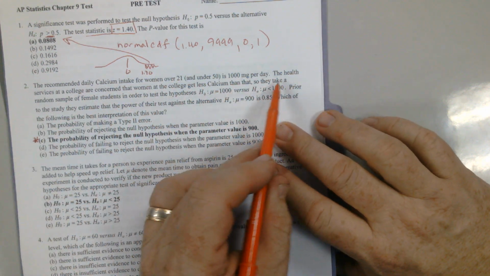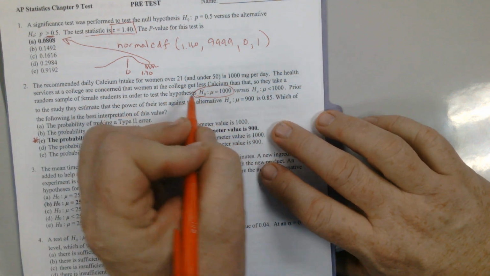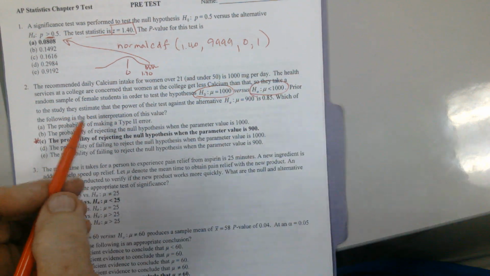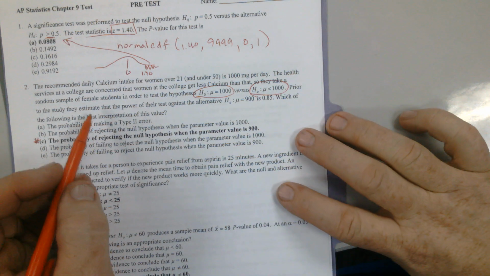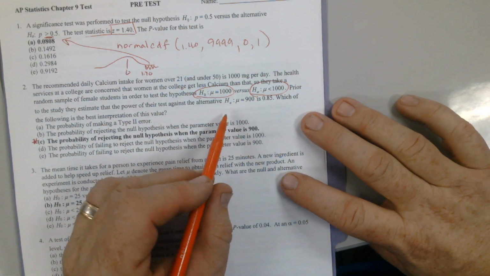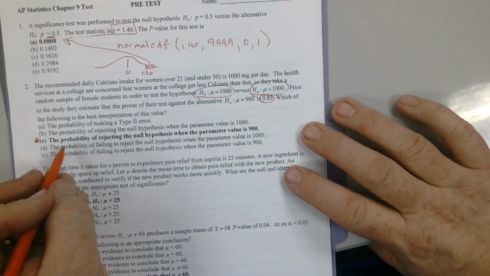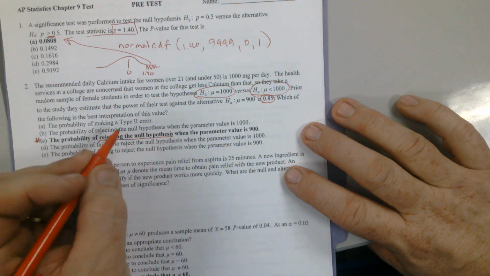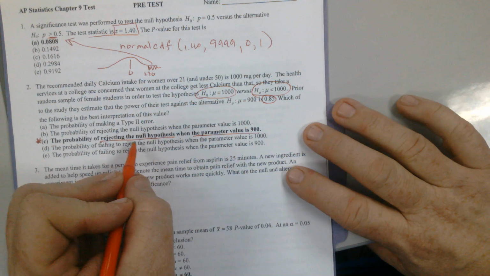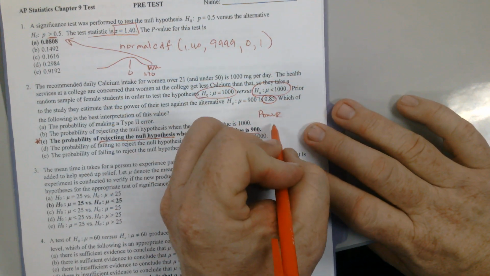And so we talk about this information from the colleges. Here's my H of O versus a less than H of A. Prior to the study, the estimate of power that their test against the alternate hypothesis is 0.85. That means we're looking at the probability of rejecting the null when the parameter is actually 900. So that's the probability of rejecting it. Remember, that's the whole idea of power. What's the probability?